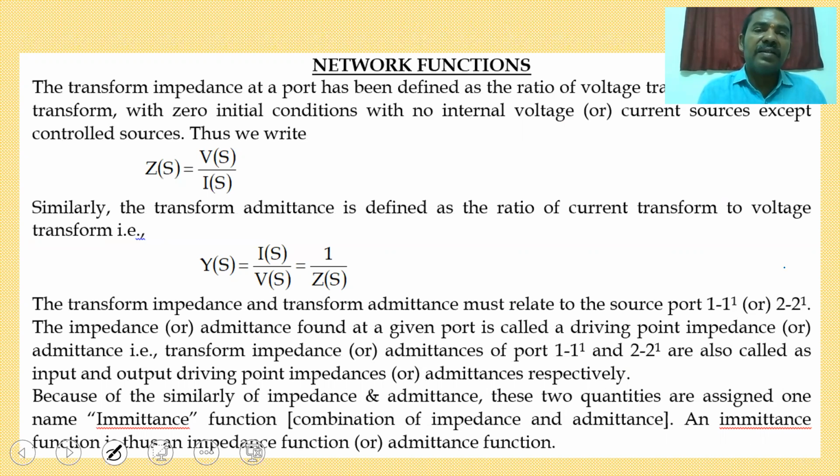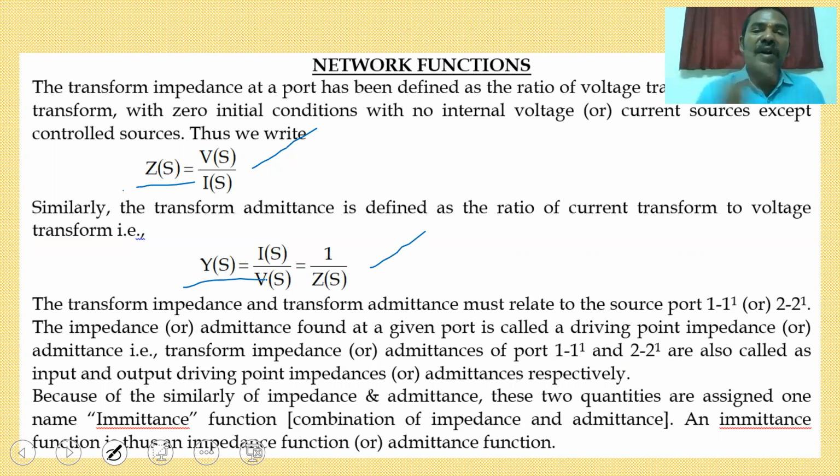And in this condition, you never take any initial conditions of the inductor or the capacitor, except controlled sources, so dependent sources. So Z of S is equal to V of S by I of S, and similarly the admittance Y of S is equal to I of S by V of S, that is equal to 1 by Z of S. So Z of S is the impedance transfer function, Y of S is the admittance transfer function.